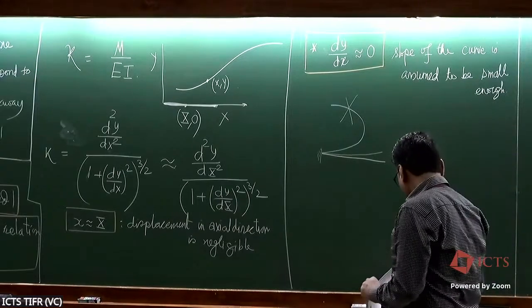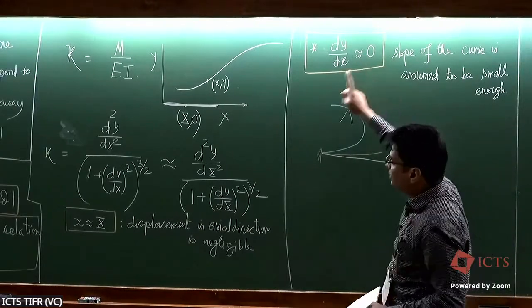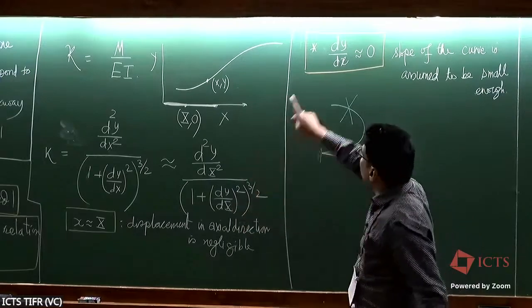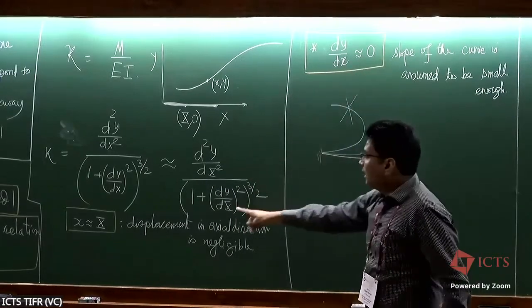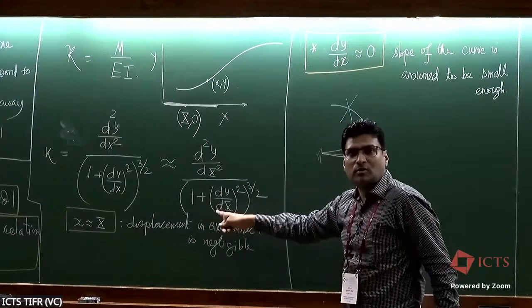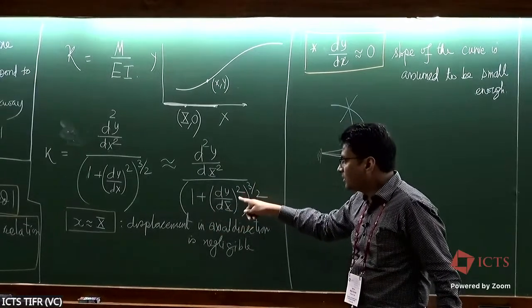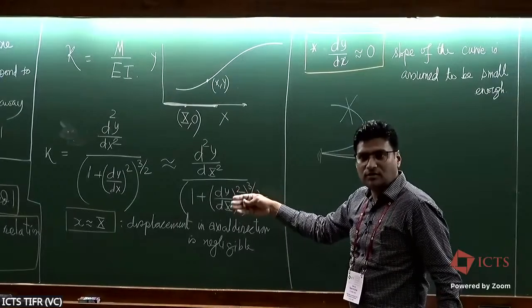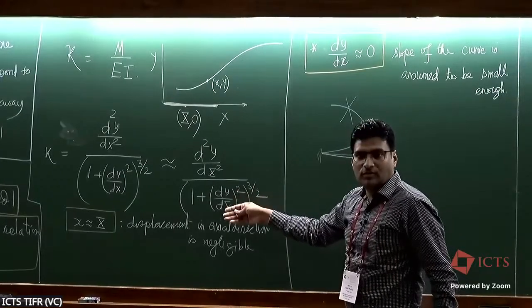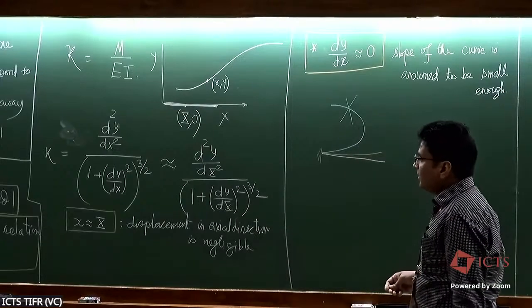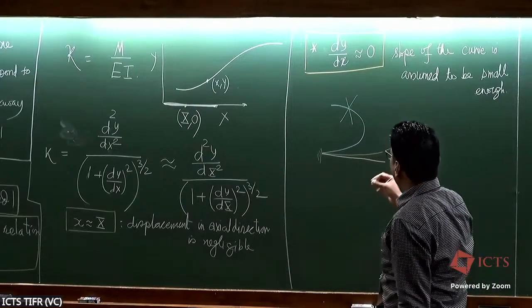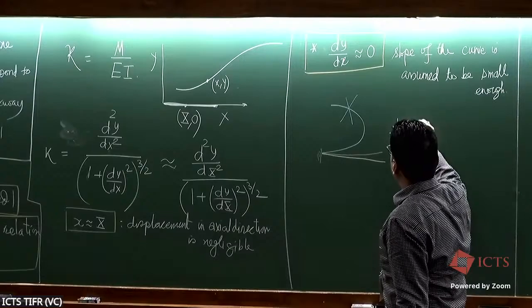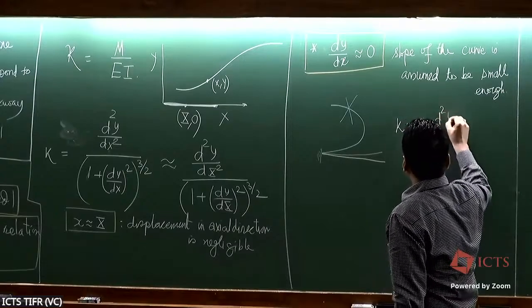Okay, so now, once you put this in this equation, dy by dx is close to 0, and you have a 1 sitting here, so 1 plus dy by dx whole square is approximately equal to 1, right? It's quite accurately equal to 1. And then your curvature then simply becomes d2y over dx2.